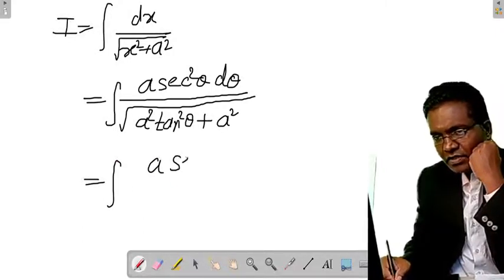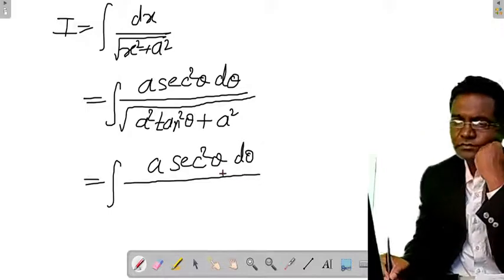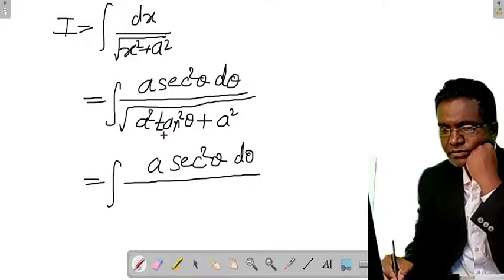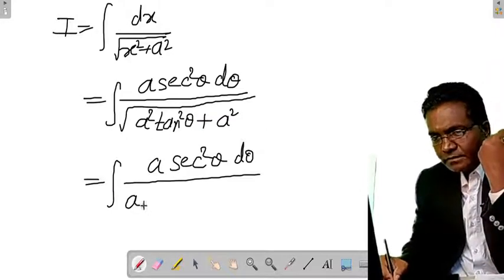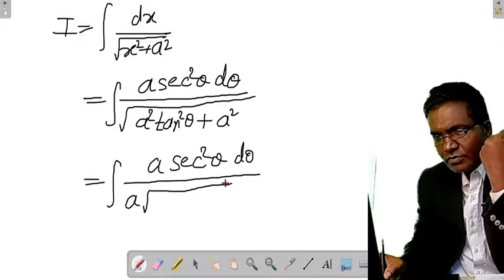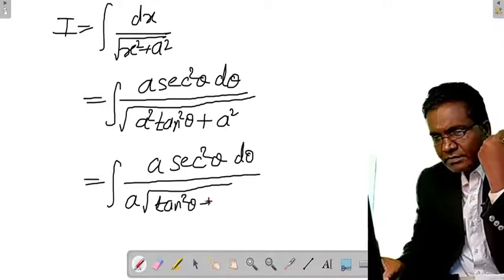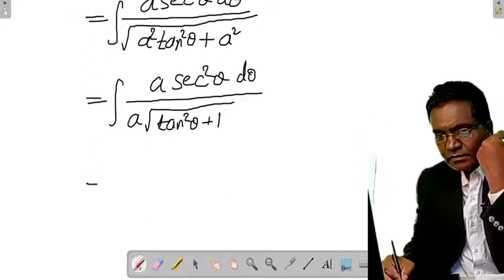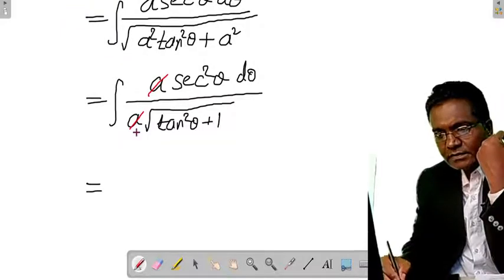A into secant square theta in the denominator. What common do you have? A square. So when you take a square outside the root, it becomes a. So a into square root of tan square theta plus 1. Okay. A cancels.